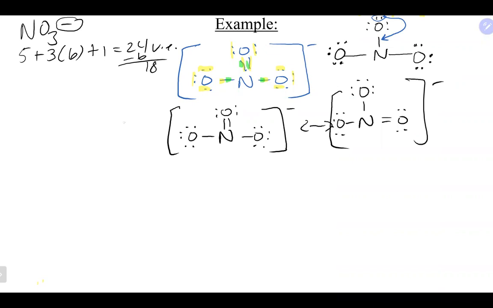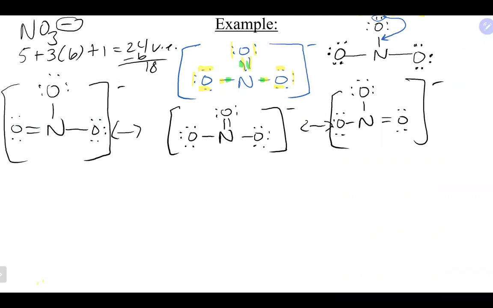And you could have double bonded there to the left, where you would have ended up with something that looks like this. And all 3 of these structures are related to each other. They are what are referred to as resonance structures.